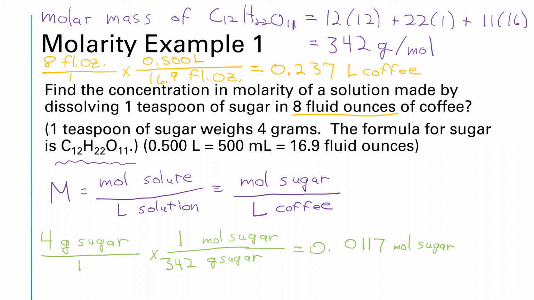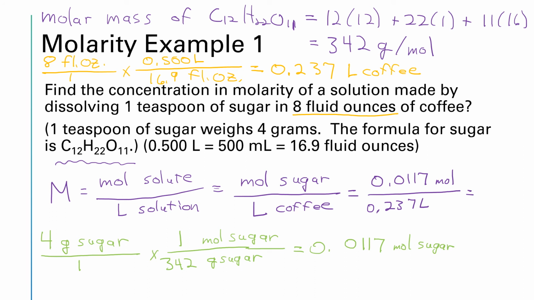All right, we now have the moles of sugar, we have the liters of coffee, so we can plug those back into the formula for molarity. Up there in the top for moles of sugar, we'll put 0.0117. For liters of coffee, we'll plug in 0.237 liters.